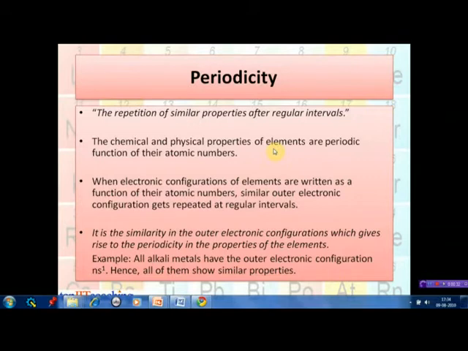Now, when electronic configurations of elements are written as a function of their atomic numbers, similar outer electronic configuration gets repeated at regular intervals. Therefore, it is the similarity in the outer electronic configurations which causes periodicity in the properties of the elements. For example, all alkali metals have the outer electronic configuration ns1, hence similar properties are exhibited by them.